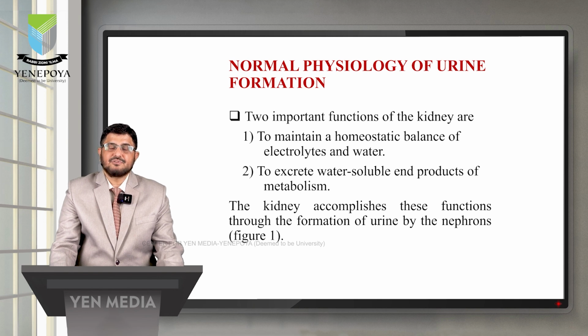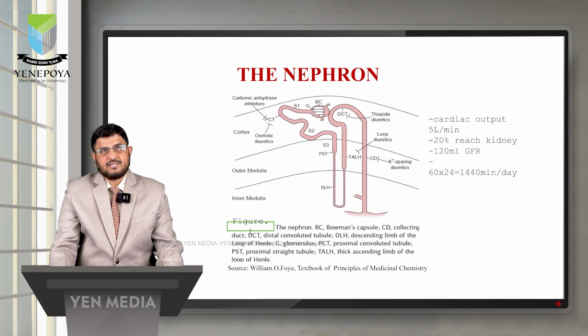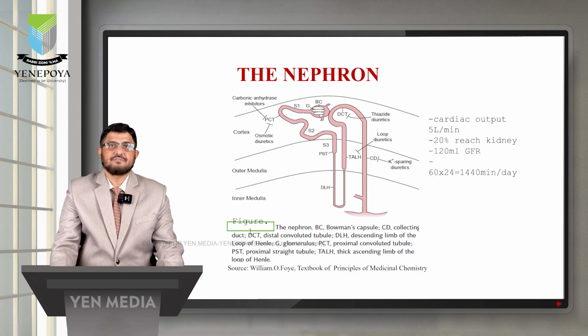How many nephrons do we have in our body or in the kidney? There are 1.2 million nephrons in each kidney. So, nephrons play an important role in the formation of urine. We can say the nephrons are the chemical processors of urine formation.